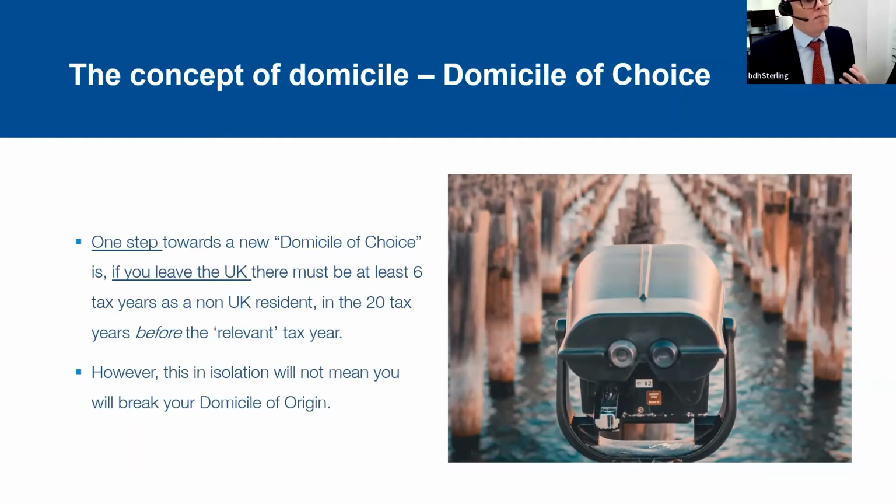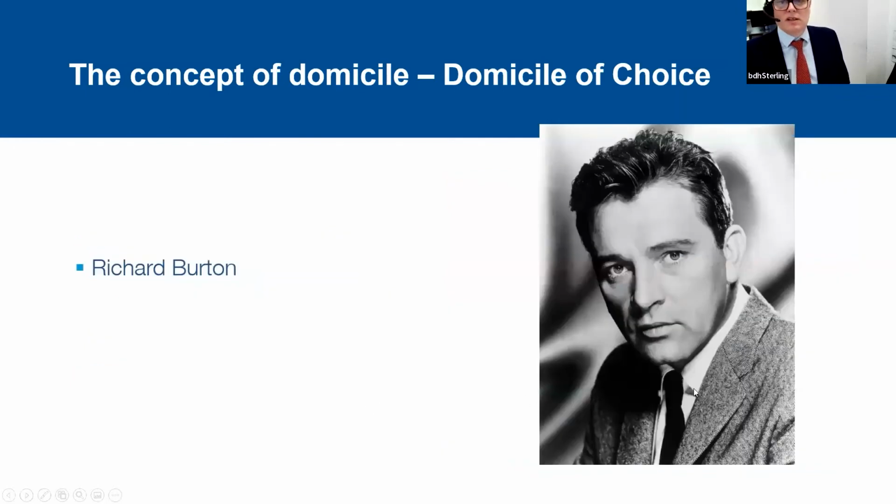And that's one big step towards breaking your UK domicile. However, this in isolation will not mean you will break your domicile of origin. So let's just run through an example.